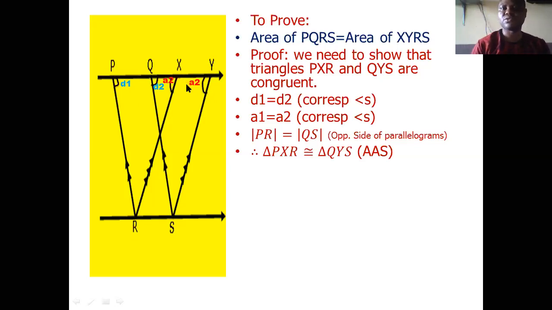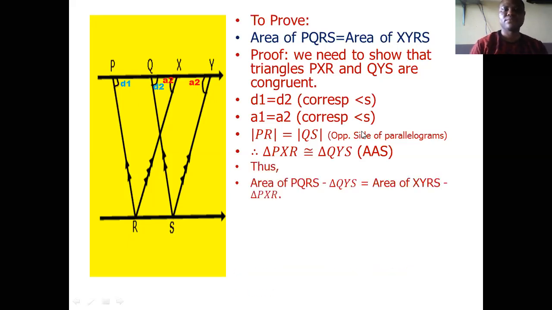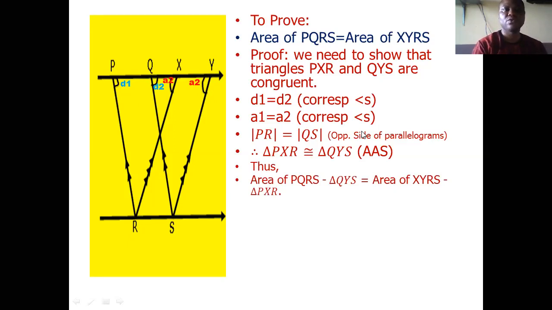Let me show you that in the next move. Thus, area of PQRX minus triangle QYX should be equal to area of XYRX minus triangle PXR.